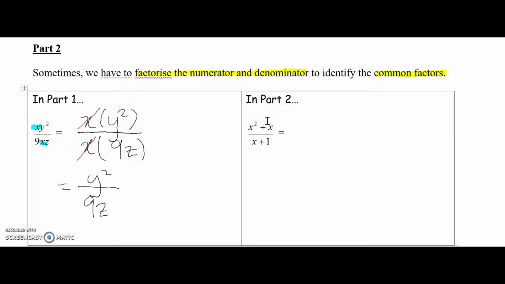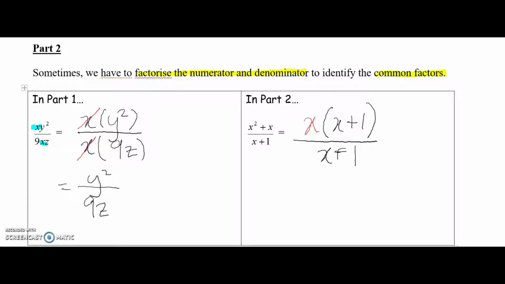And we can further factorize this numerator by taking out the common factor. So we can rewrite x squared plus x as a product of its common factor, which is x, and the remaining factor will be x plus 1. Now, for the denominator, we realize that we cannot factorize it further. So therefore, the denominator will be x plus 1.